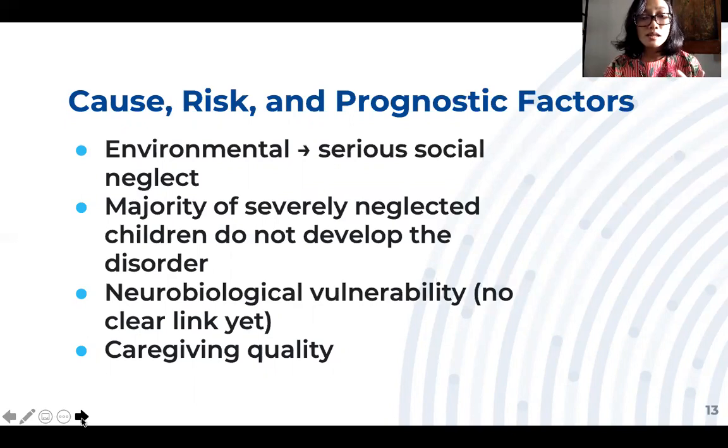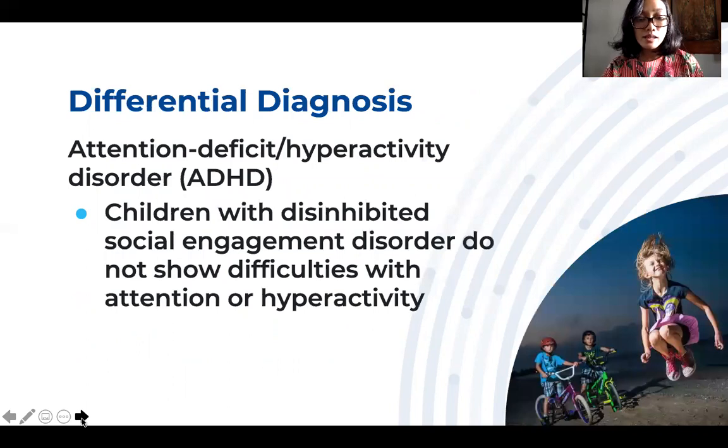Again, not all children who have been adopted or fostered develop this kind of attachment disorder. There is indication of neurobiological factors, but no clear link yet. The prognosis of this disorder depends on current caregiving quality. The differential diagnosis for DSED is attention deficit hyperactivity disorder, or ADHD. But children with disinhibited social engagement disorder do not show difficulties with attention or hyperactivity as seen in children with ADHD.